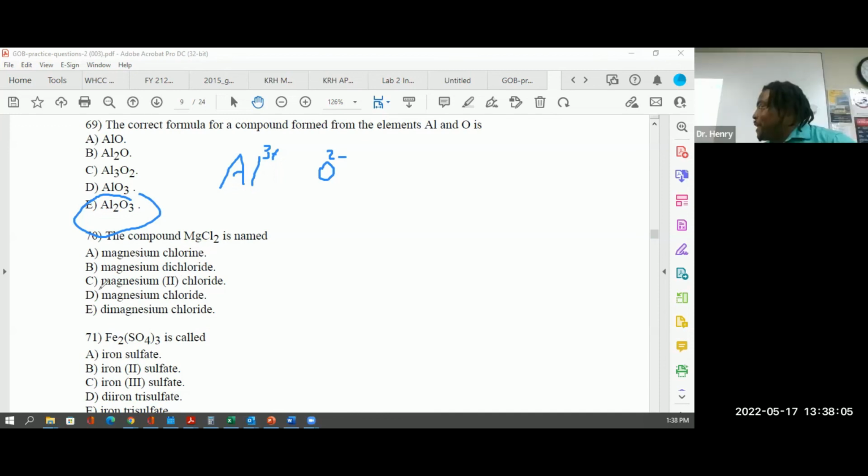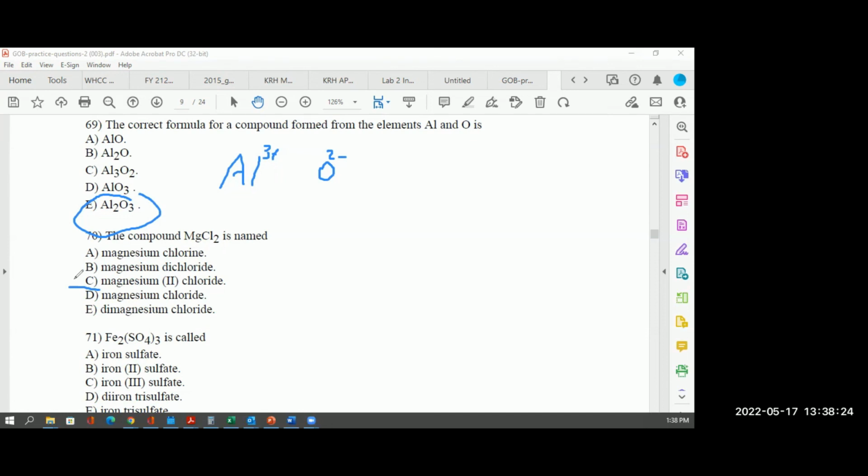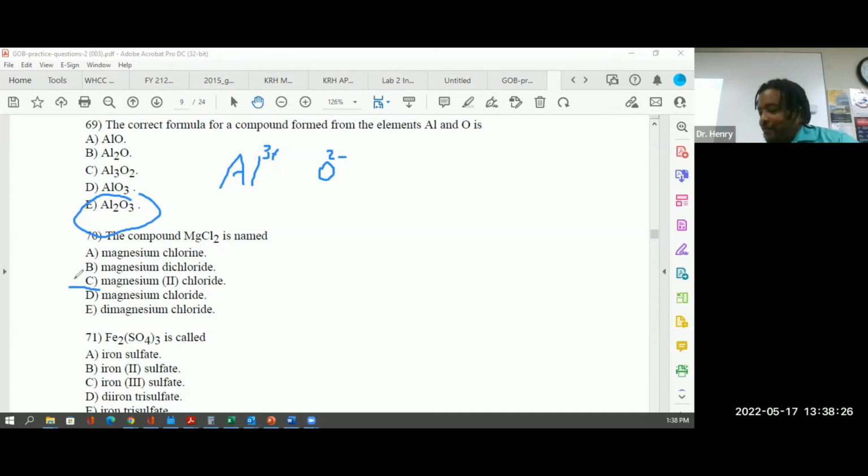Are you sure? Where is magnesium located? Is it a transition metal? It's a metal. But is it a transition metal?